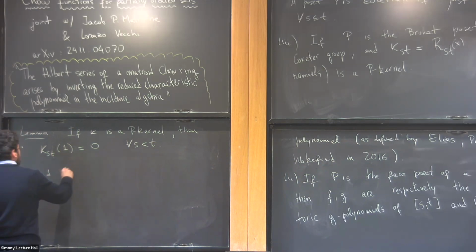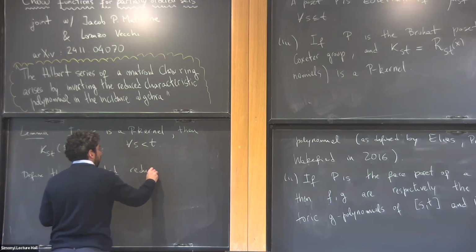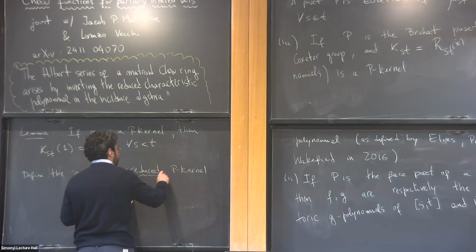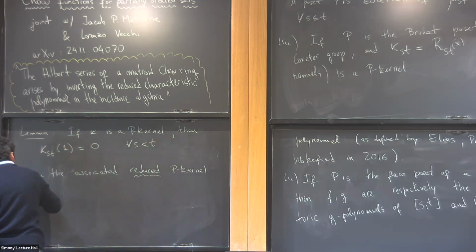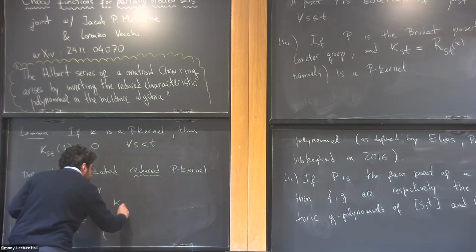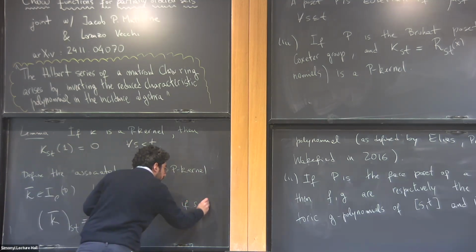But with this in mind, define the associated reduced P-kernel kappa bar by kappa bar at the interval s t. Well, this will be kappa s t divided by x minus 1 if s is smaller than t.